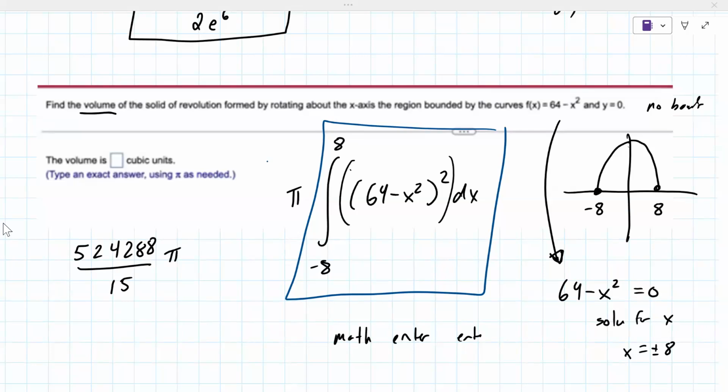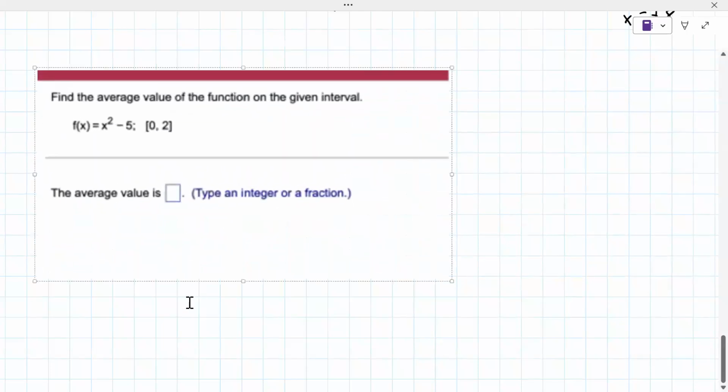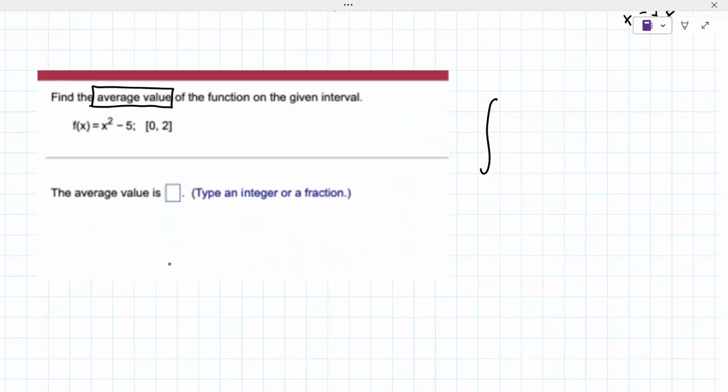Okay, now we're in a new grouping of questions. The formula for average value, that's what you're looking for here. That's the new keyword. It's the integral from a to b of 1 over b minus a times f of x dx.